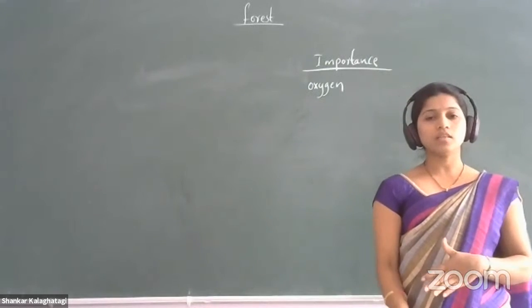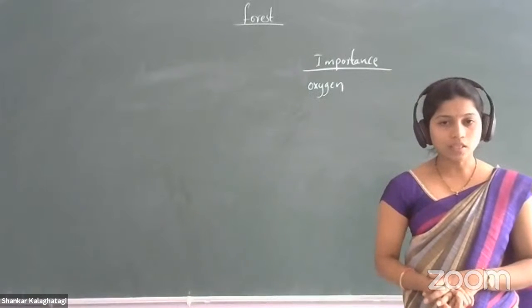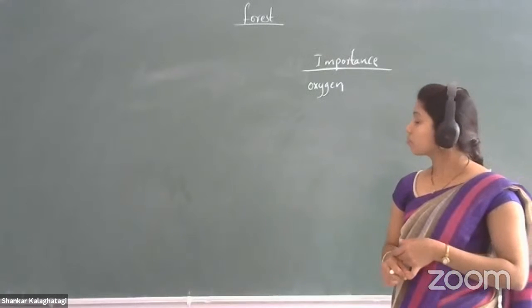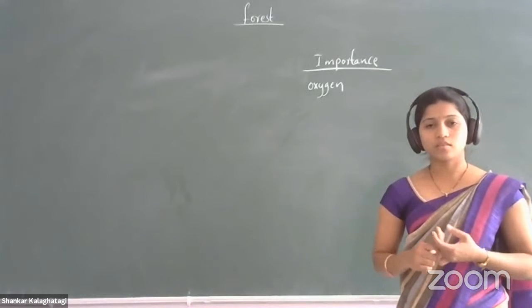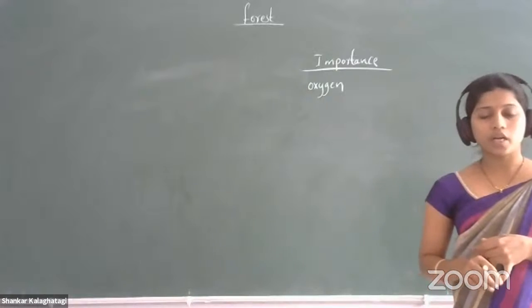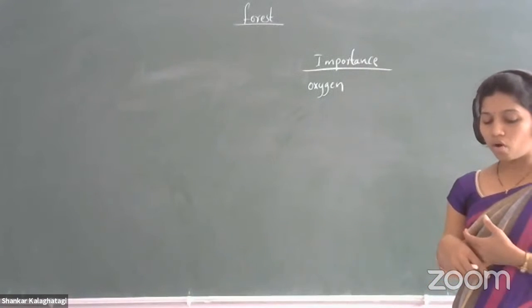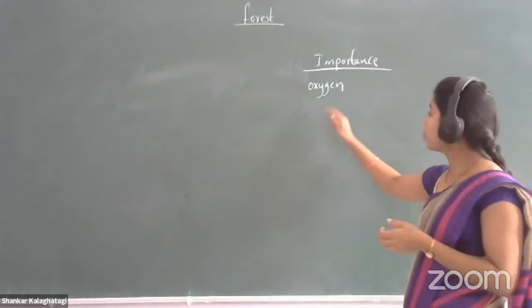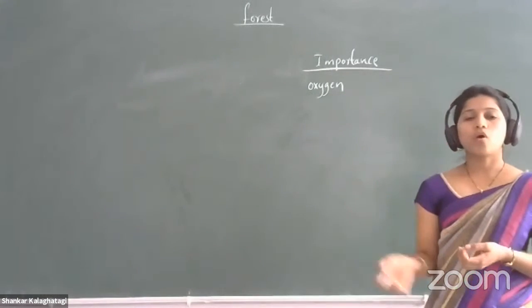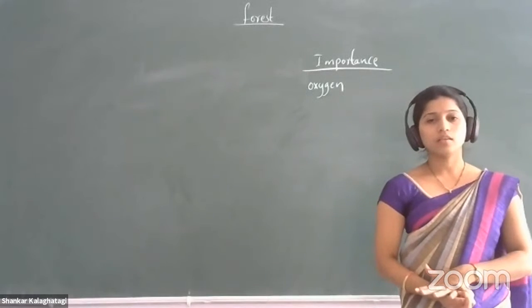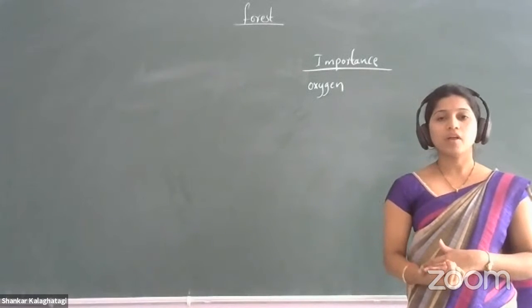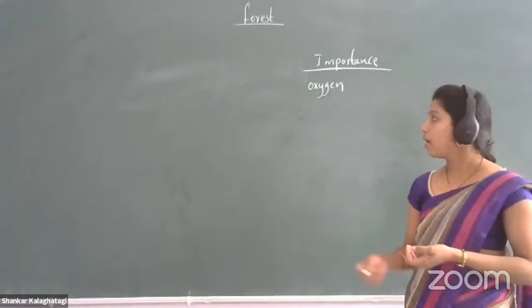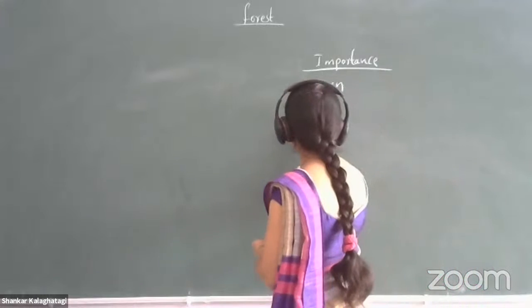We need oxygen, so we are getting it from the plants. So it provides oxygen and it protects soil, isn't it? Forest will protect the soil. So it provides oxygen, it protects the soil and it avoids the flood. So where the forest is, flood does not take place, and it also provides food and shelter.